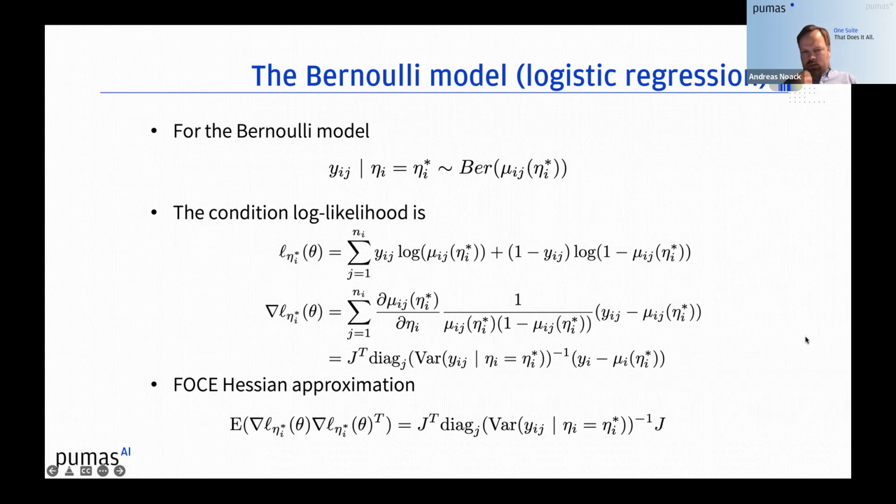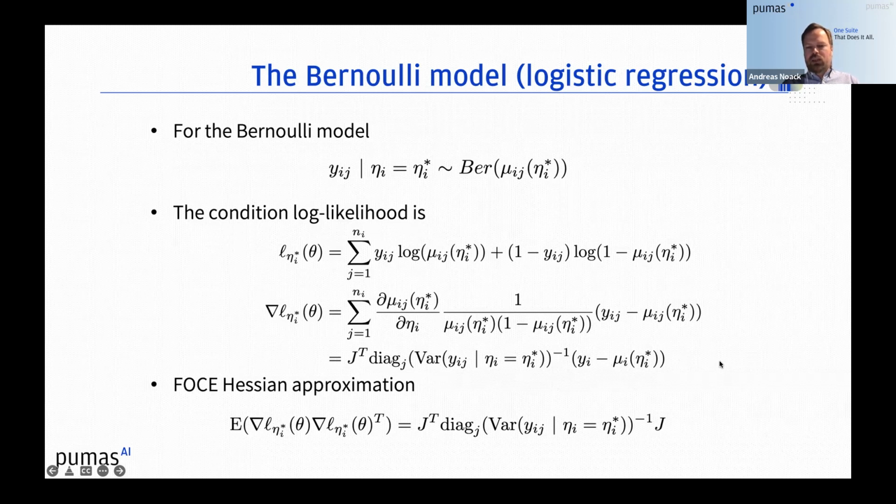If we write that in matrix-vector form, we'll get a Jacobian term that stacks all the derivatives together. Then we'll have a diagonal matrix of the inverse variances, so one over the individual variances. And then finally we have the vector of observations minus the vector of means.